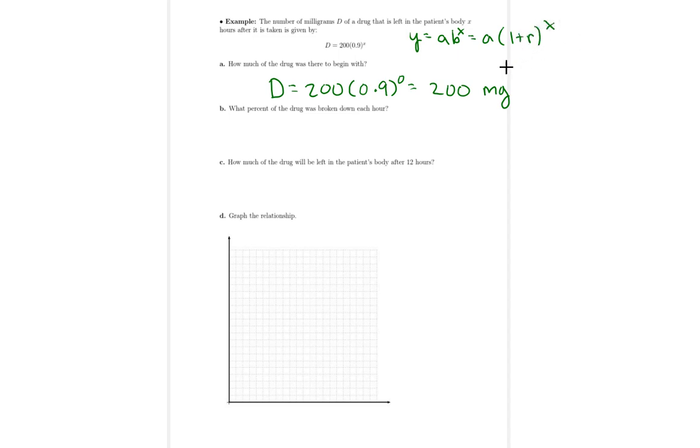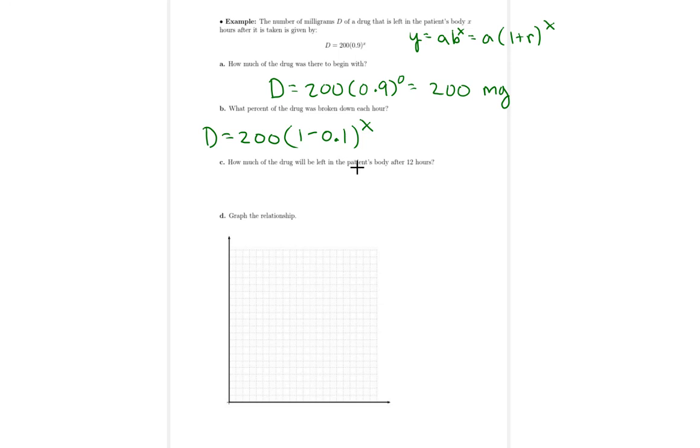Now, in the last example, I believe our B was 1.15, and so we turn that into 1 plus 0.15. But in this case, we have 0.9, so we still want the same format, right? We want a 1, but we would have to subtract 0.1 in order to equal 0.9. So this would be another way to write the equation.